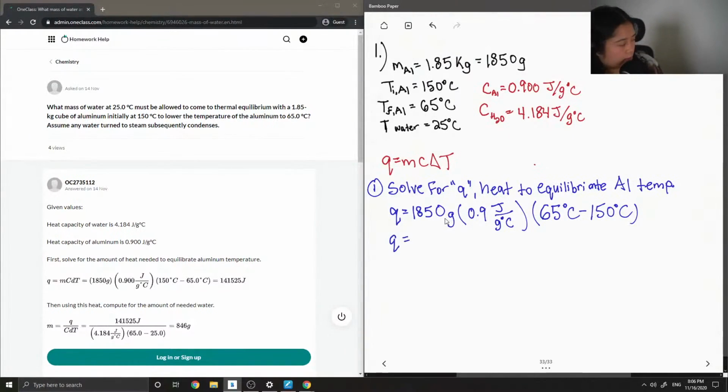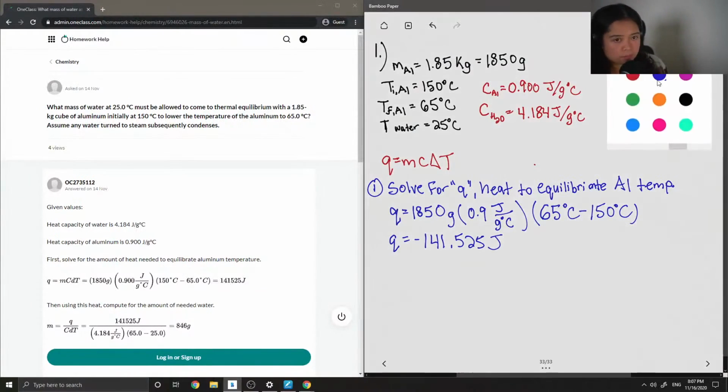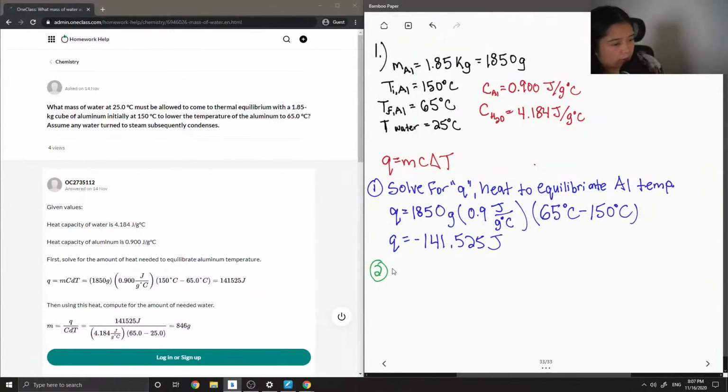If we do all the math and solve for this, you end up getting -141,525 joules. This is the heat that is released, and it will be the same with the water as well.